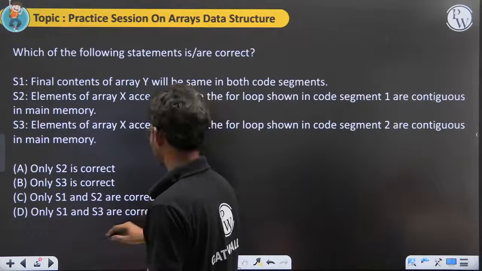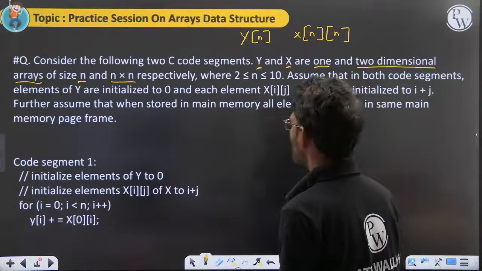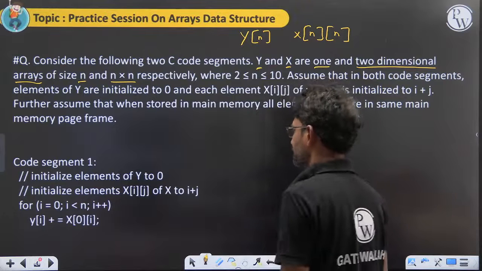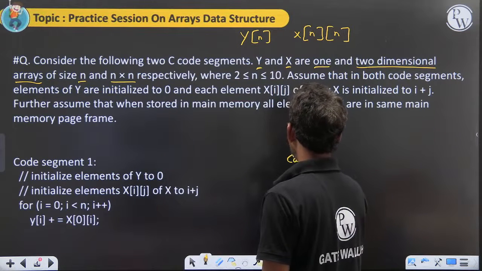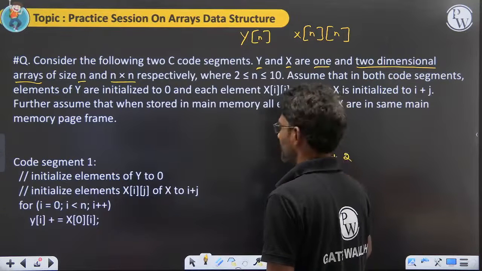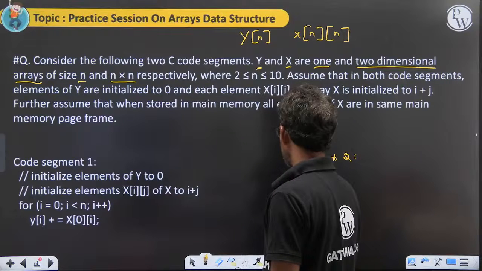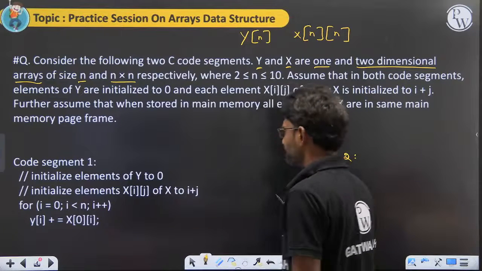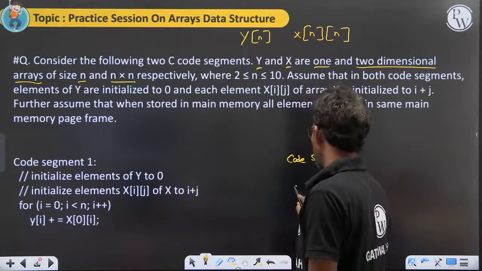And I think code segment 2 is missing. Okay, no issue. Let me write code segment 2. I remember it because there is only one change here. So initialize all elements to 0, x of ij to I plus j.